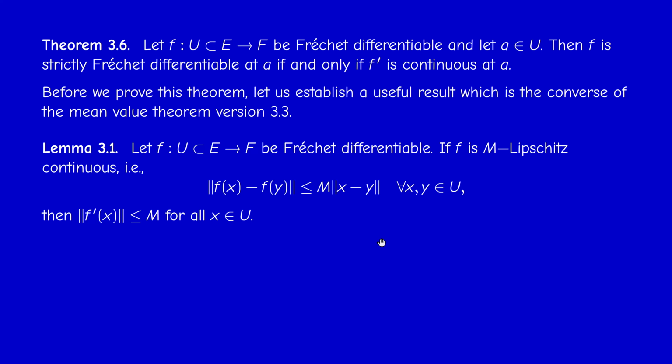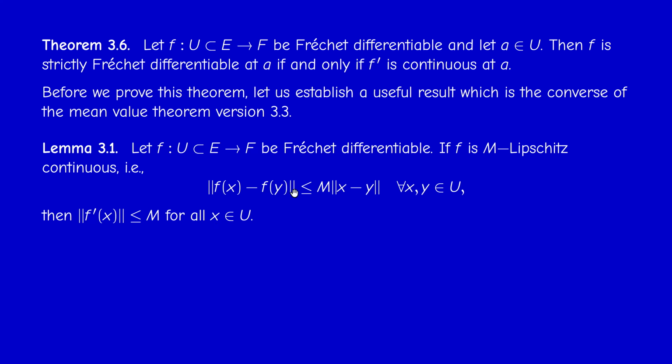This is very easy actually to prove. Maybe you encountered it before, at least for functions from R to R, because you can just take the ratio, divide by x minus y, and let y tend to x, and you get the result.